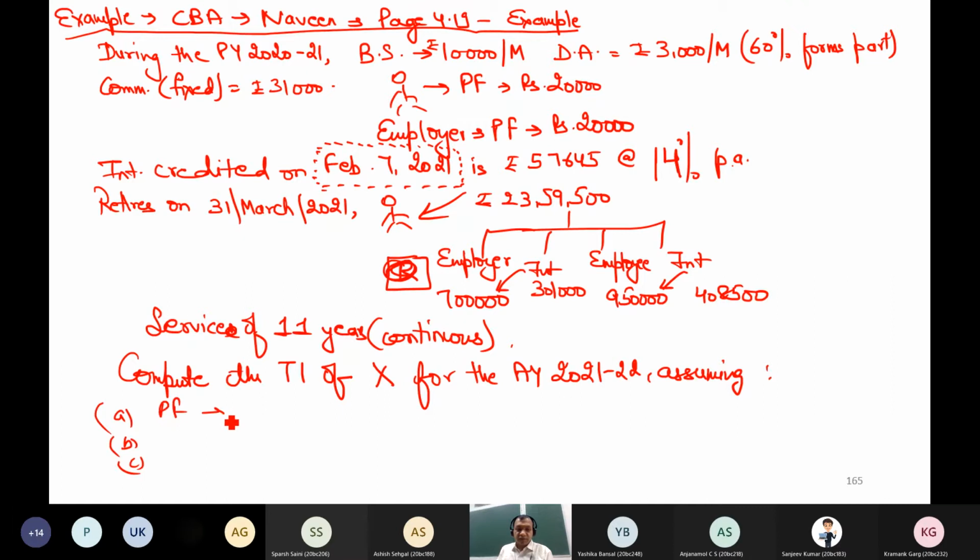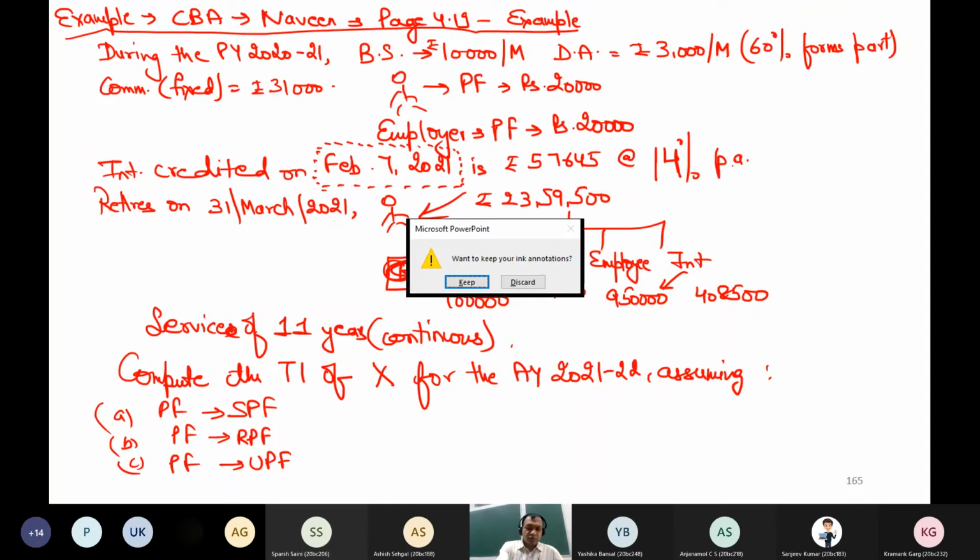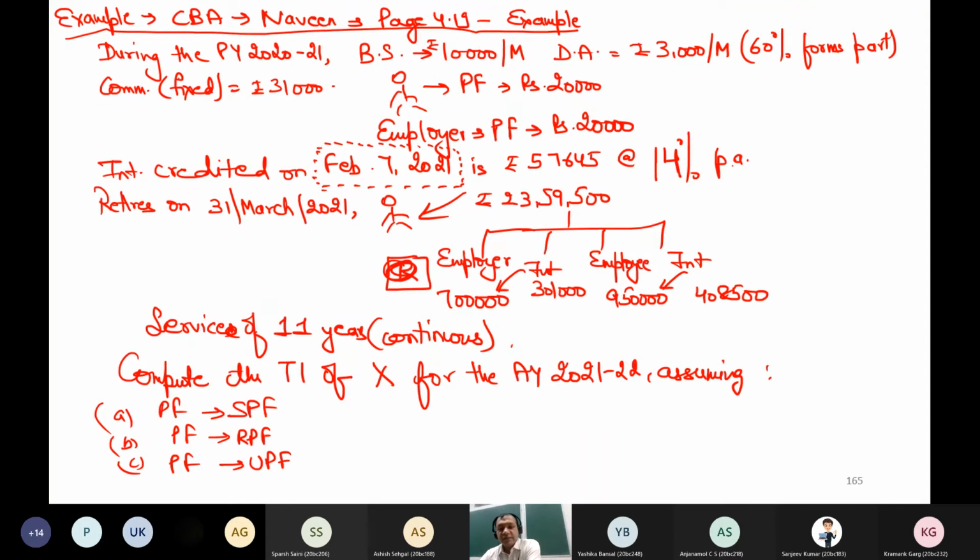Assuming this PF is SPF, assuming the PF is RPF, and assuming the PF is UPF. That's it. So we have to do the question. So please note it down and raise your hands if you have noted it down so that I can proceed and do the case.